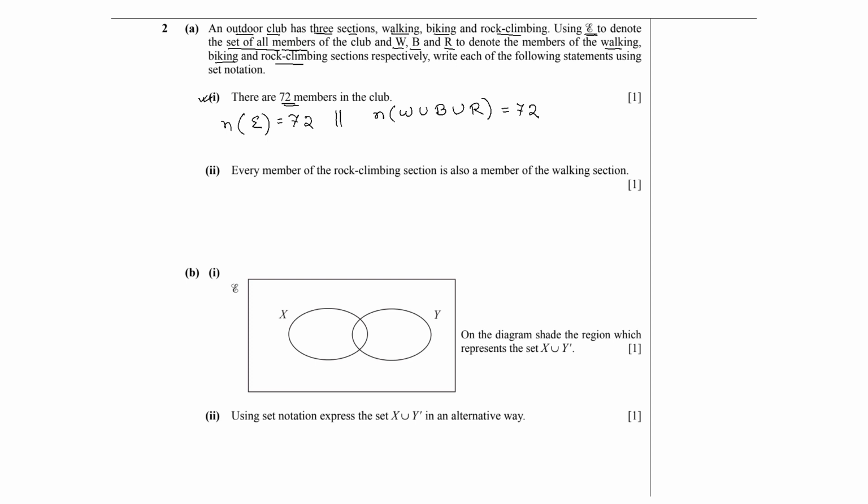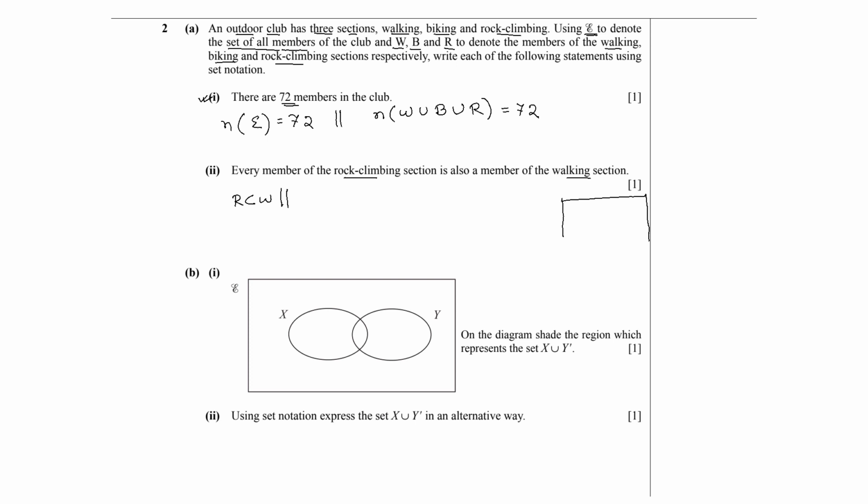Moving on, part 2 states that every member of the rock climbing section is also a member of the walking section. So we can write this as R is a proper subset of W. A subset is a set of which all the elements are contained in another set.